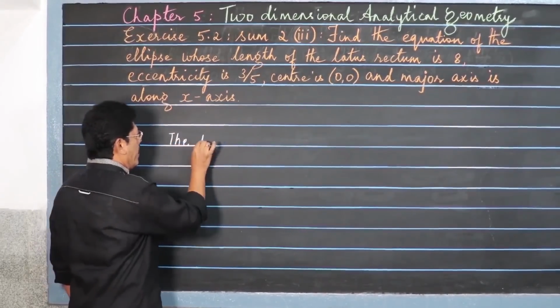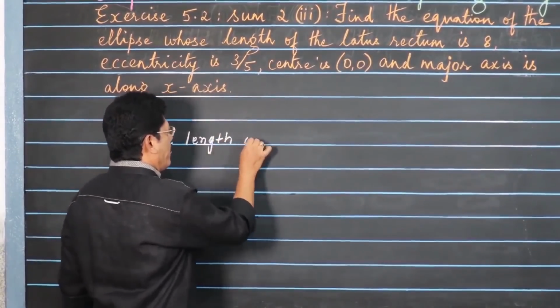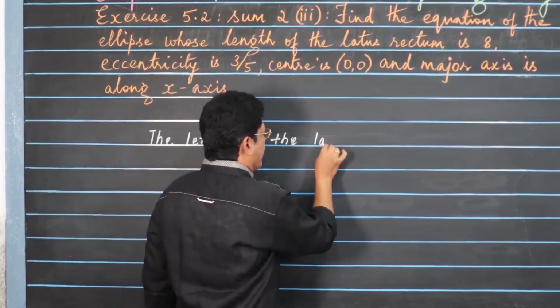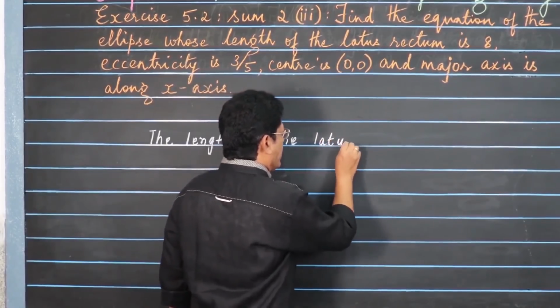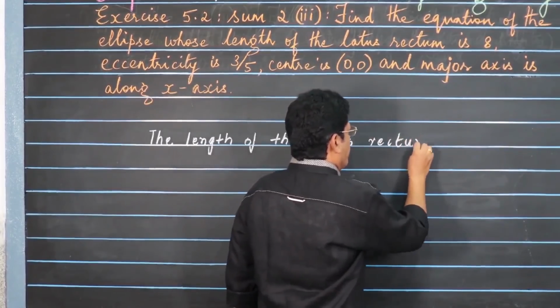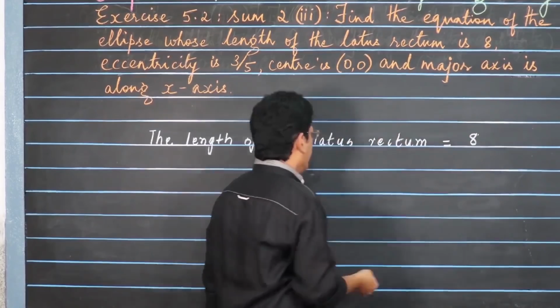The length of the latus rectum is equal to 8.